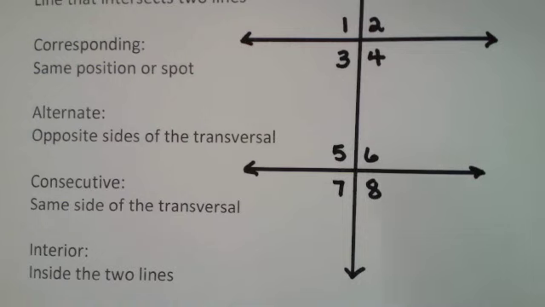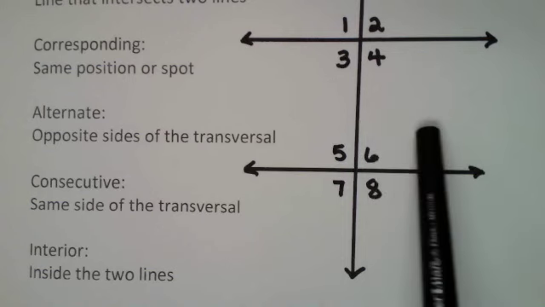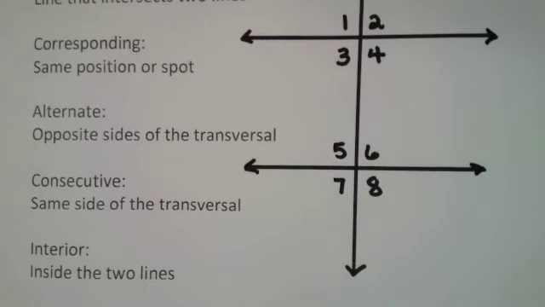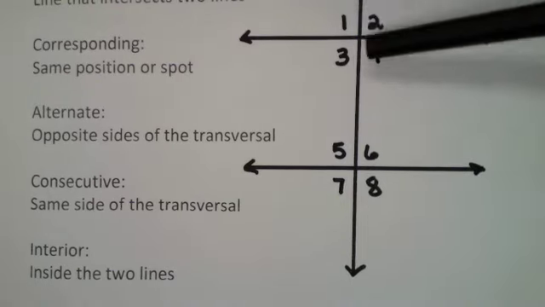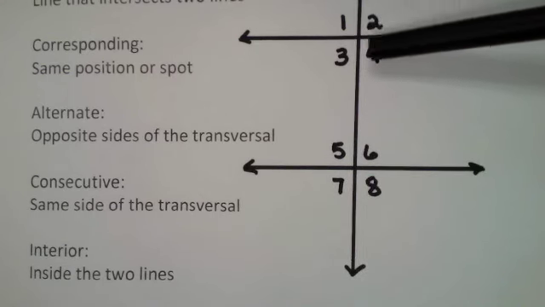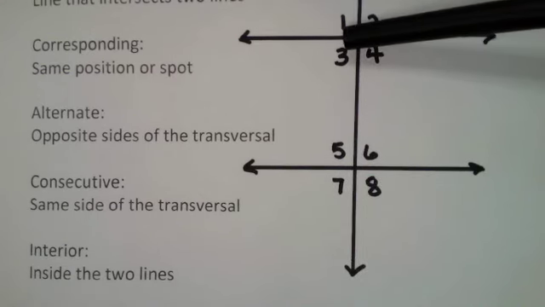Alternate. Alternate means on opposite sides of the transversal. So 1 and 2, 1 and 4, 1 and 6, 1 and 8. 1 and 4 are not alternate because we already have a name for 1 and 4. 1 and 4 are vertical angles. We already have a name for 1 and 2.